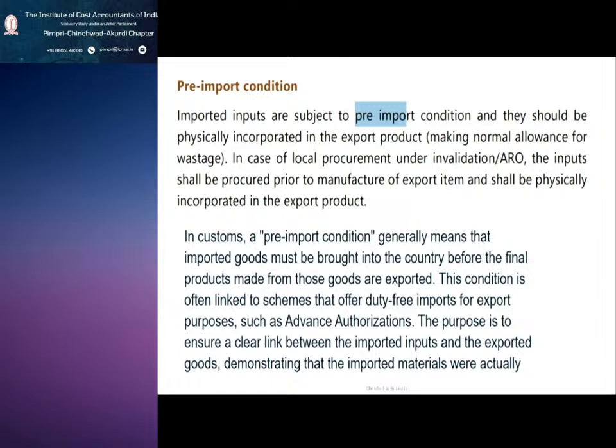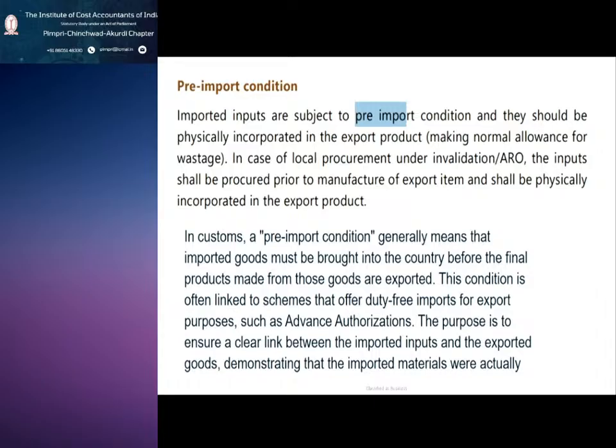So yesterday when we were continuing, we stopped here and then we closed for the day. So we'll continue from here. The pre-import condition. Pre-import condition means they should be physically incorporated in the export product.